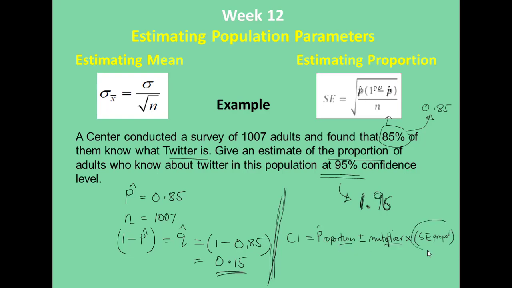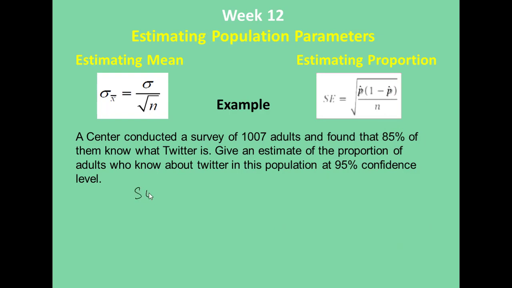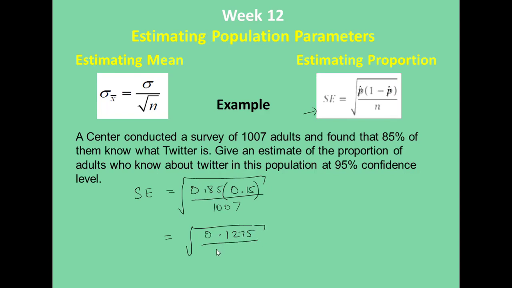We have to calculate the standard error. The standard error is equal to the square root of 0.85 times q hat, or 1 minus p hat, which is 0.15, divided by the sample size, 1007. The top part would then become 0.1275, and we divide that by 1007.